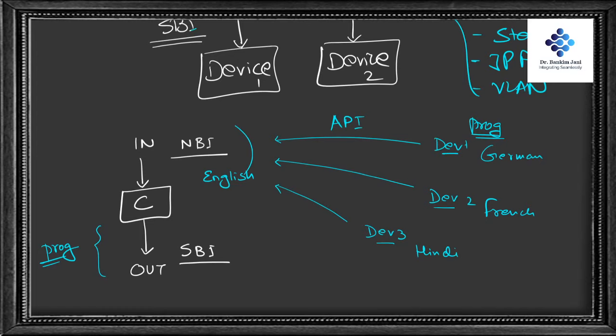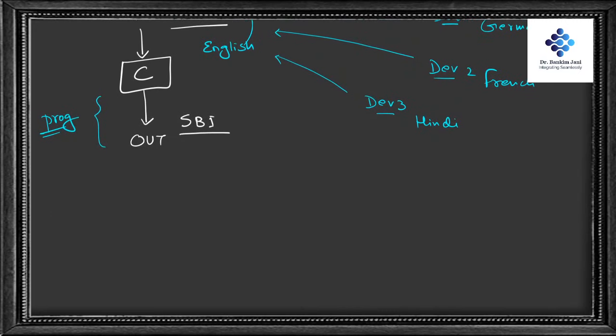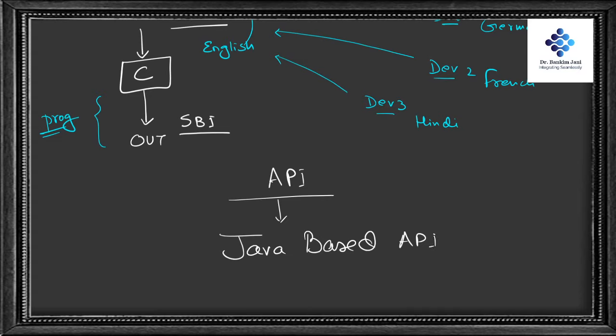So the bottom line is that everywhere it is this API which is coming. So the API is to be prepared, and that's what is called the Java based API. Obviously that language would be used which can be understood by every device.